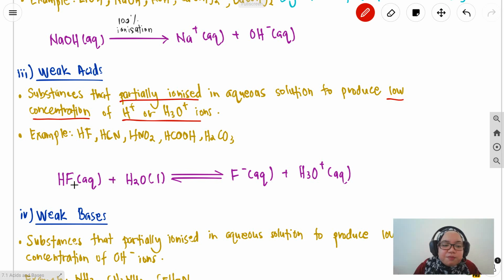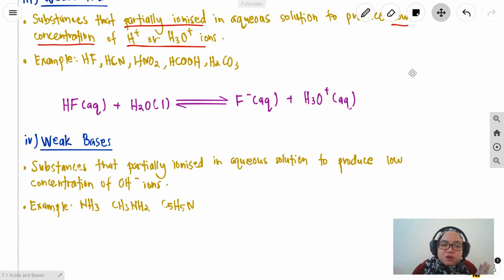For example, we have HF acid reacting with water to form fluoride ion and hydronium ion. Examples of weak acids are HF, HCN, HNO2, HCOOH, and H2CO3.